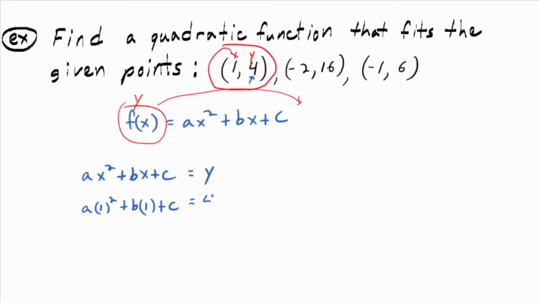You'd better get 4 for y. That's what it means for the point to be on the graph, by definition. And you've created an equation with a, b, and c in it. In fact, if you simplify it, it's just a + b + c = 4.